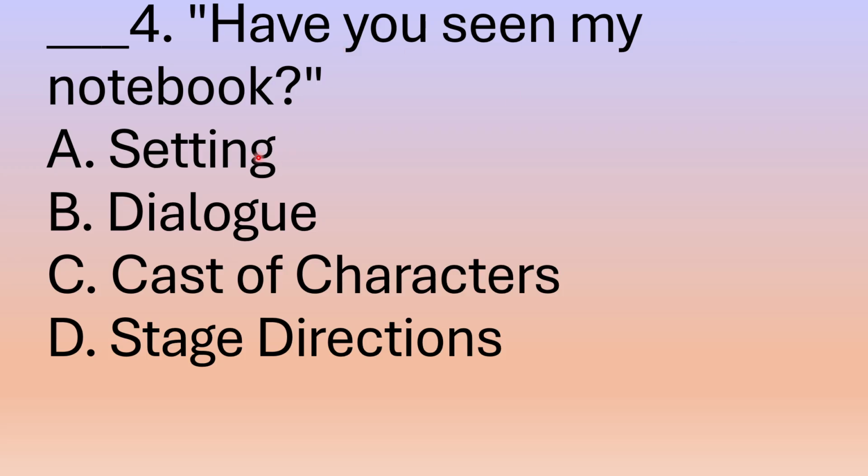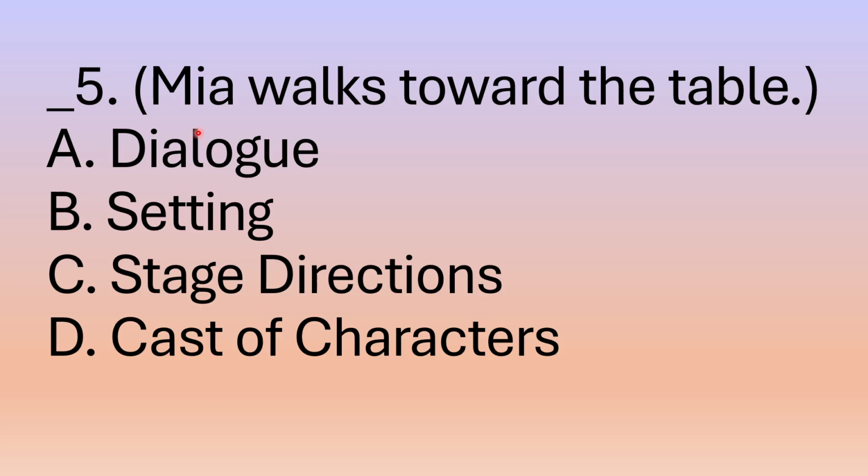"Have you seen my notebook?" is part of a dialogue. You know it's a dialogue because it's in quotation. That means someone said them. These are spoken words. Mia walks towards the table. Since it's in parentheses and it's an instruction, it is a stage direction.